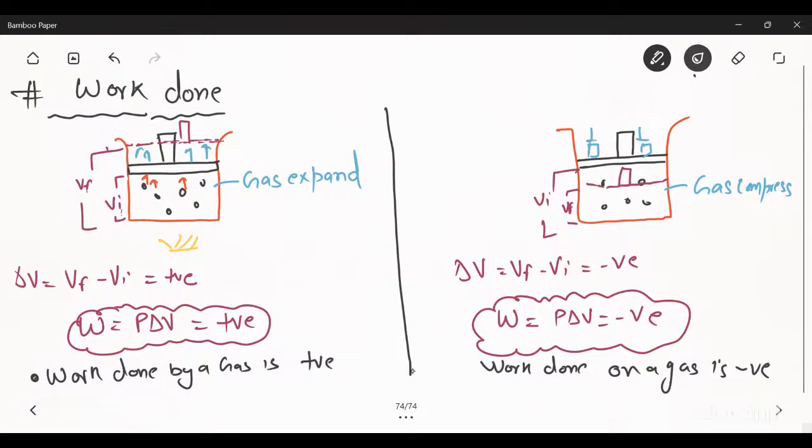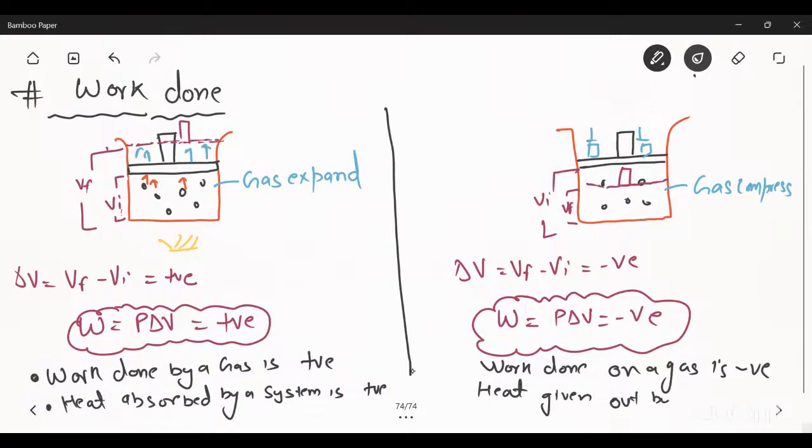I mean, it is absorbing heat, so heat absorbed by a system is positive, and heat given out by a system is negative.